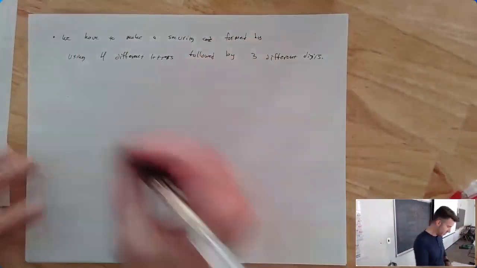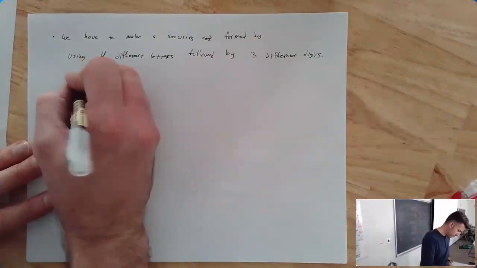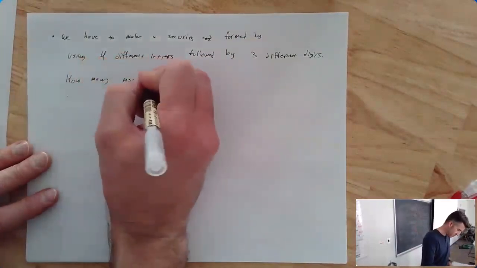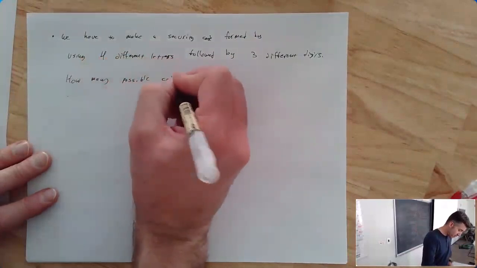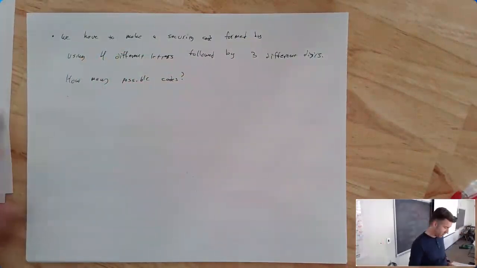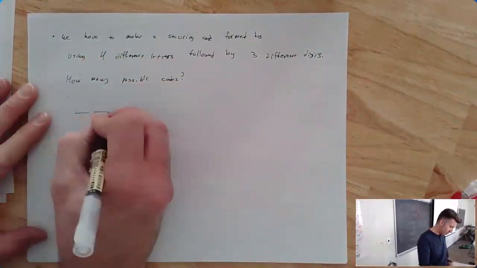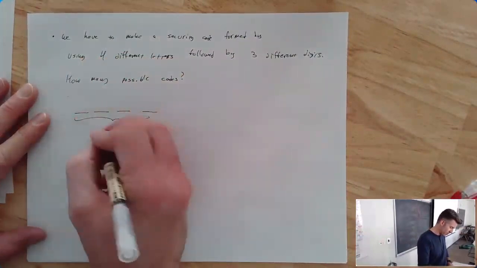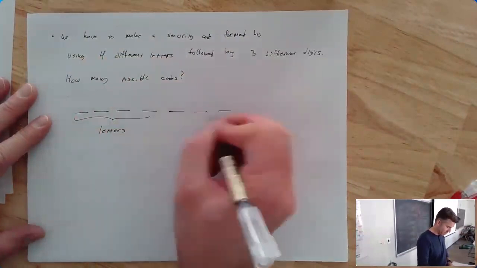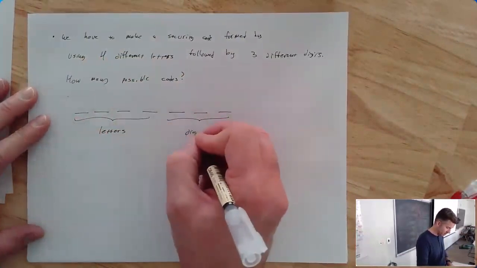How many codes are possible? And to be honest, I don't typically use that formula. What I would probably do here, since it's a relatively small question, is say, okay, I need 1, 2, 3, 4 different letters, and 1, 2, 3 different digits.